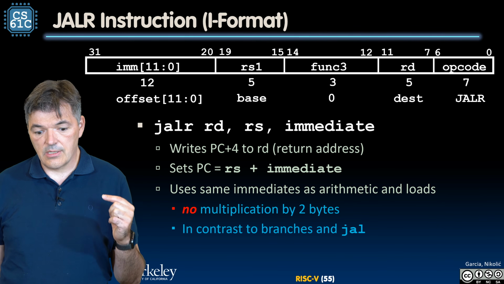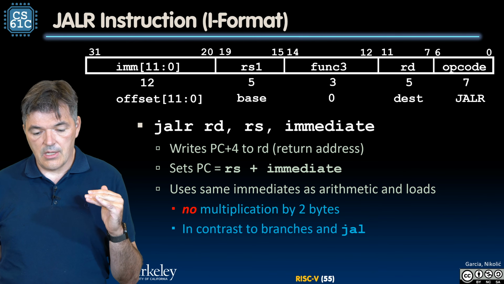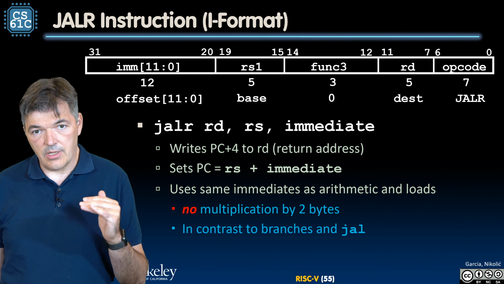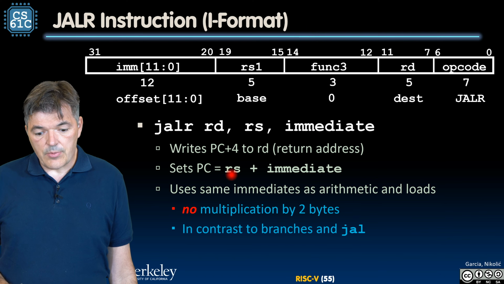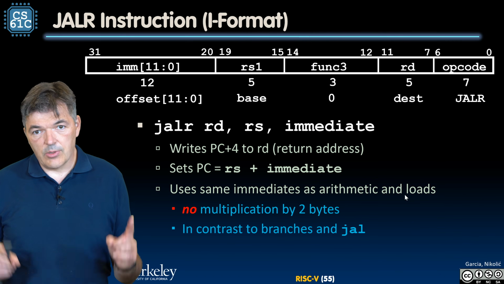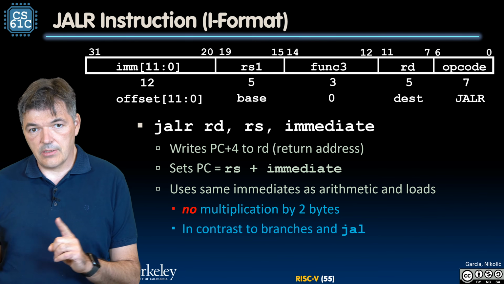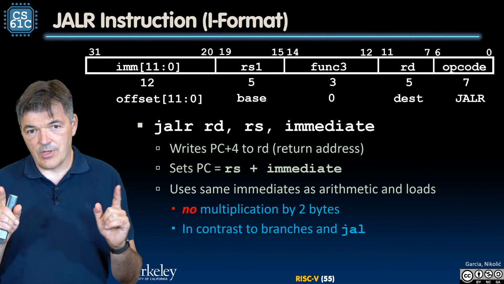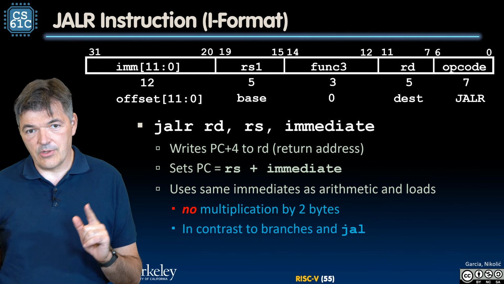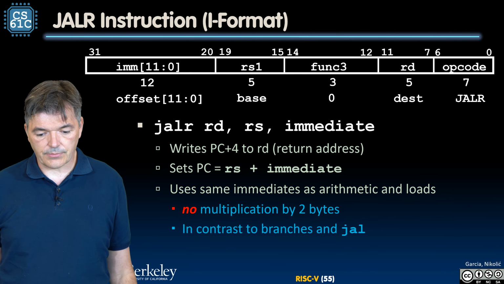It writes the next address, the return address of PC plus 4, in the RD, in the destination register, so we know how to return back, and then sets the program counter to a new value, which is equal to the value of the source register plus the immediate. So important thing to notice here, this is the way to make a jump to an absolute address. We will put a value in the source register and specify any offset with respect to that.